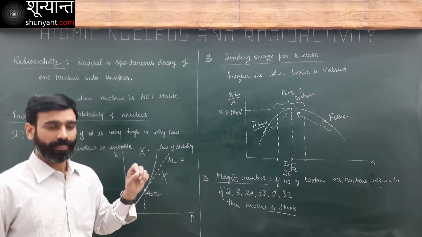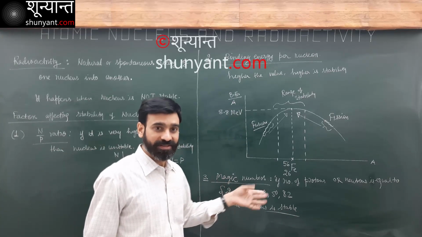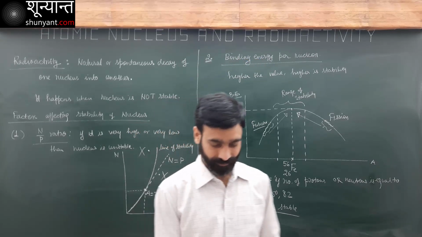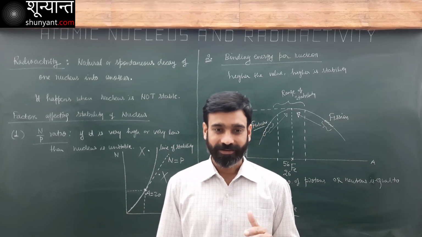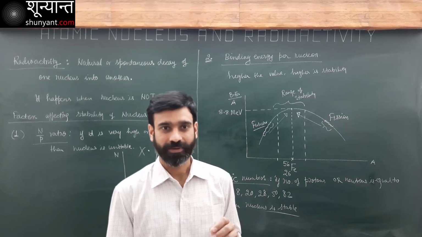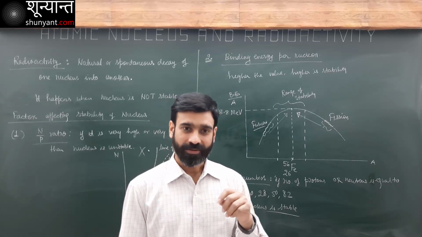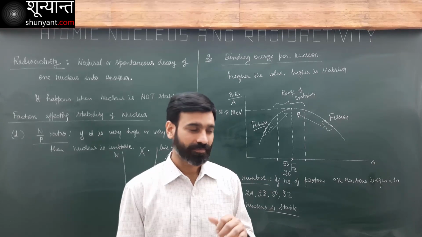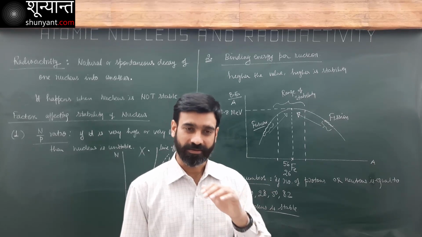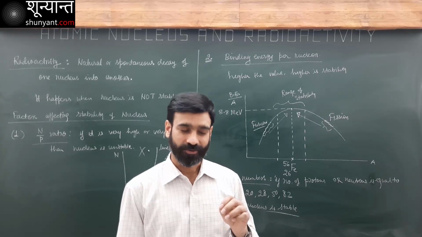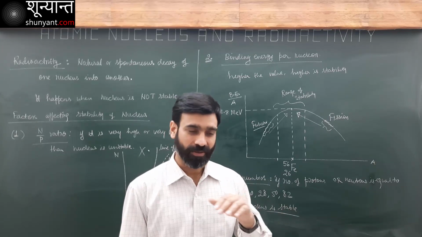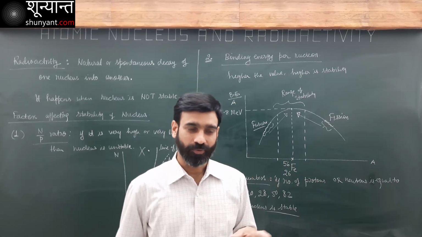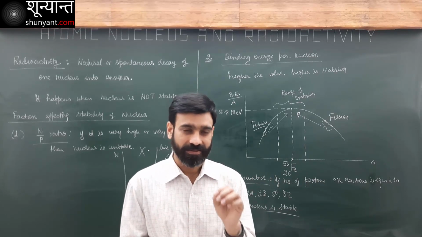Where are these numbers coming from? What is the reason behind them? If you have studied the electronic configuration of atoms, the way electrons are arranged in different orbits, and every orbit has its discrete fixed energy, we call them states. So electrons are arranged in different states, in different configurations. Out of all the possible configurations, some are stable.